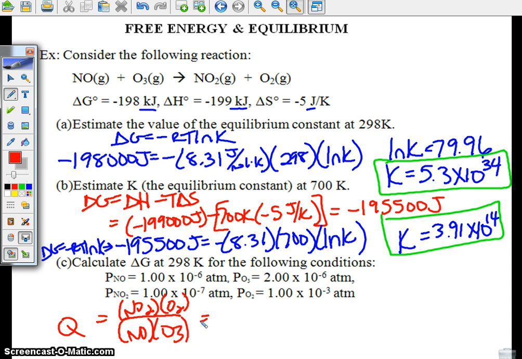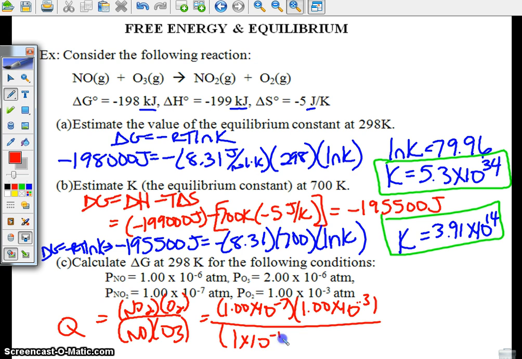So I've got NO2 at 1 times 10 to the negative 7th. These are all atm. I'm being a little lazy about the units. 1 times 10 to the negative 6. And 2 times 10 to the negative 6. Wow, I'm lazy about the sig figs also.